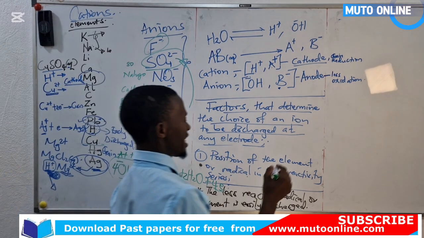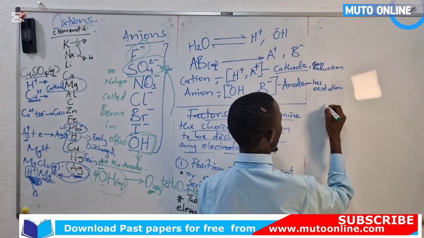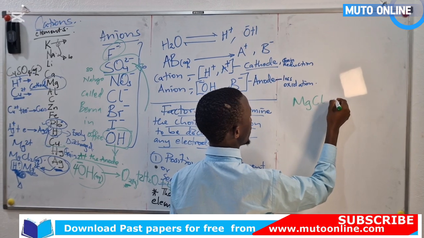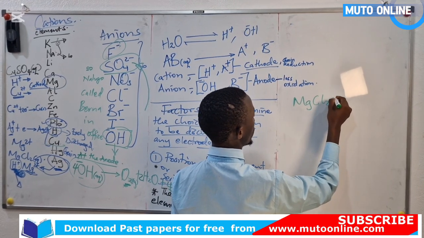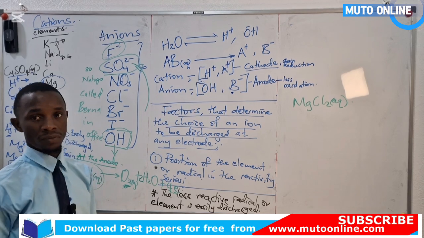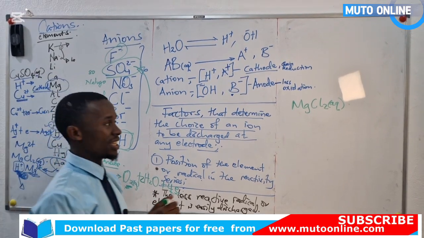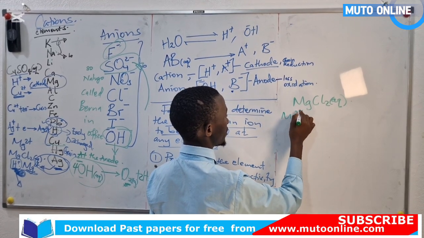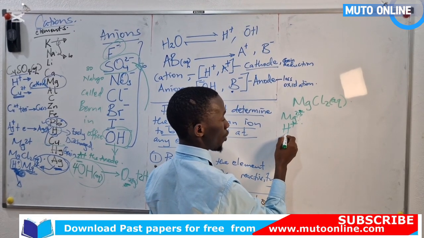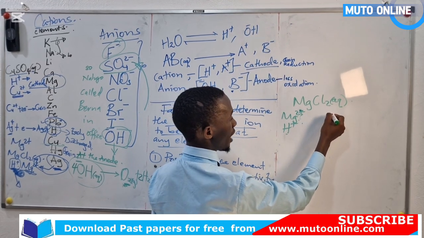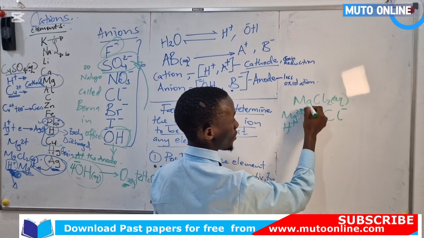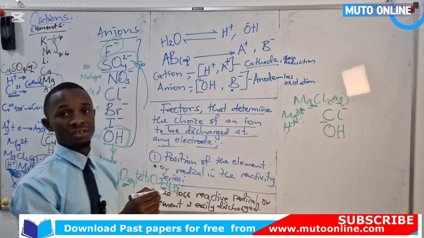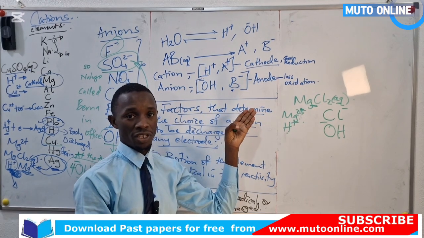Let us assume an electrolyte of, let's say, magnesium chloride solution. Being a solution, it means that it has magnesium ions and hydrogen ions from water. So the anions here, we shall have the chloride ions from the magnesium chloride and the hydroxide ions from the water, because it is an aqueous solution, meaning that it was formed by dissolving it in water.